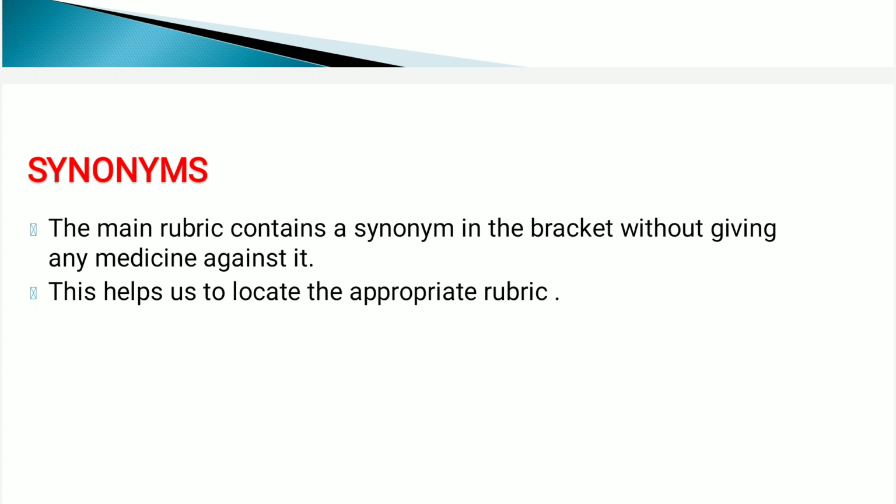Then the synonym was written in the bracket, and this helps us to locate the appropriate rubric. So in this way, these are also very much important points in the Kent repertory, that is special features and scope of the Kent repertory. So this is all about the special feature and scope of Kent repertory.